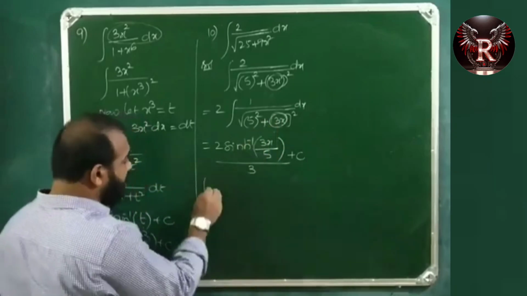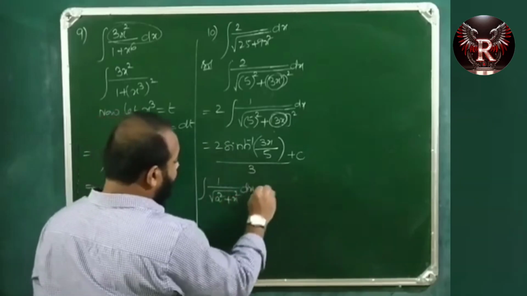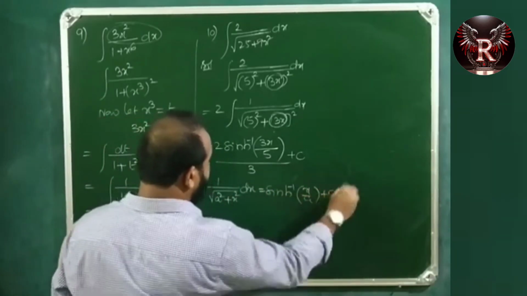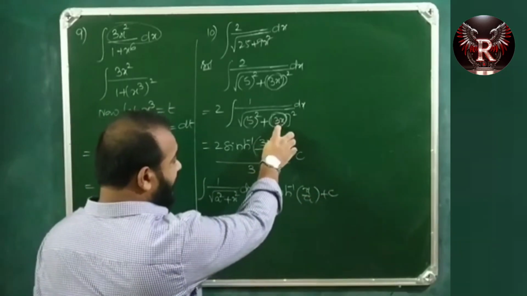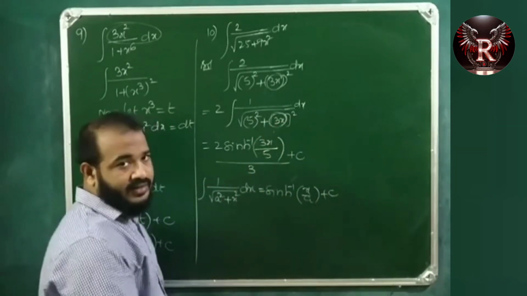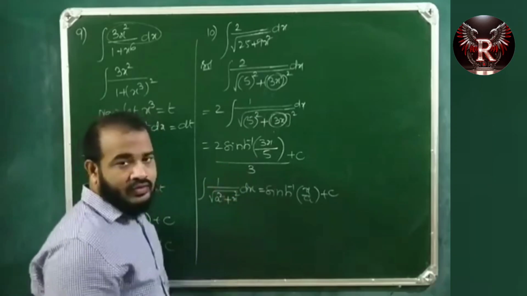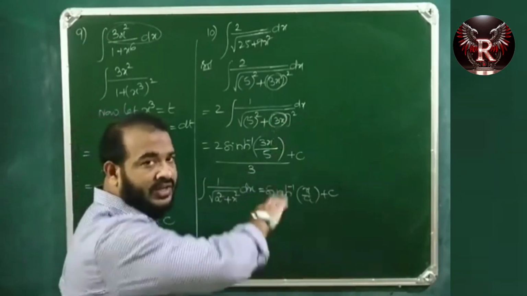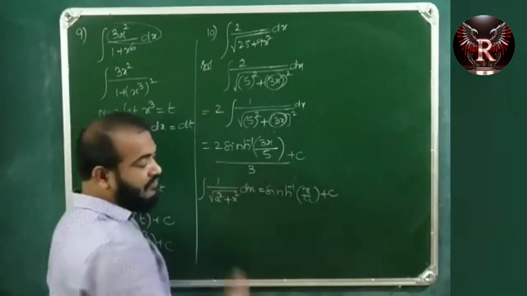Then it has actually become root of a square plus x square dx, and this is sin h inverse x by a plus c. But here we don't have x, 3x is there. So we need to divide by d by dx of 3x, which is 3. We used to multiply by d by dx of 3x in differentiation. Differentiation and integration are reversal processes. Therefore we have to divide by 3.